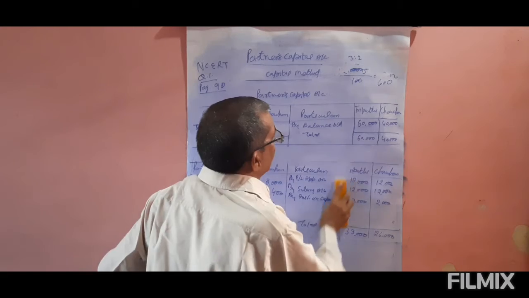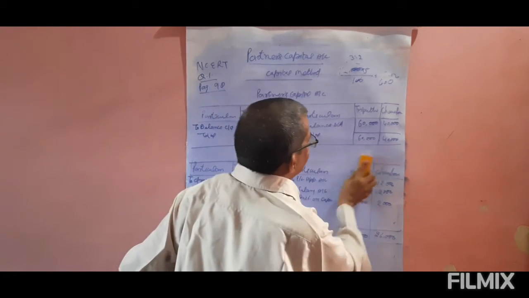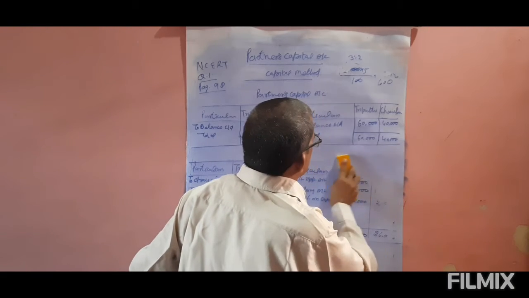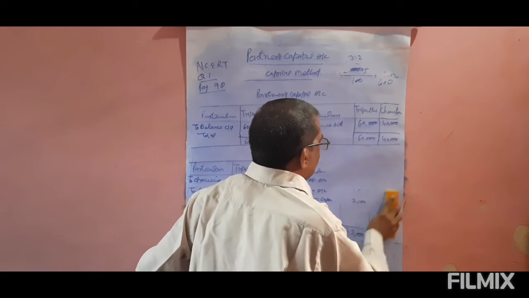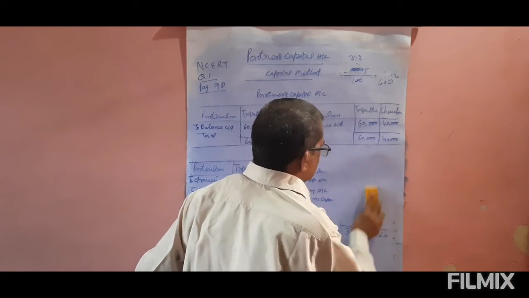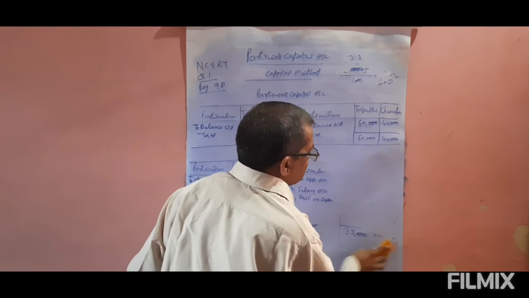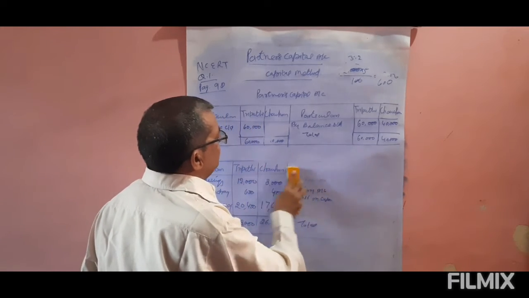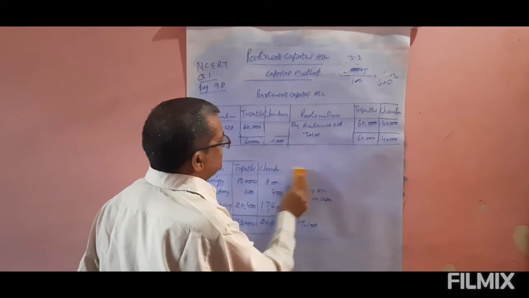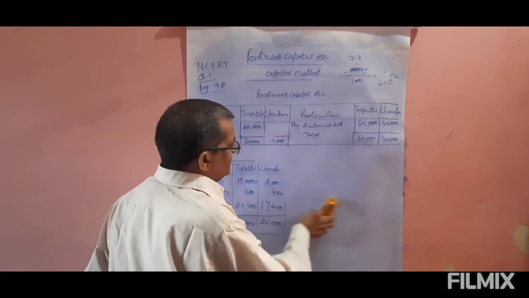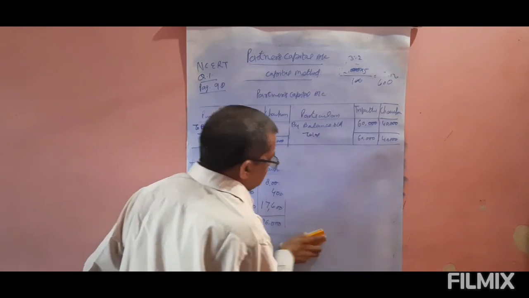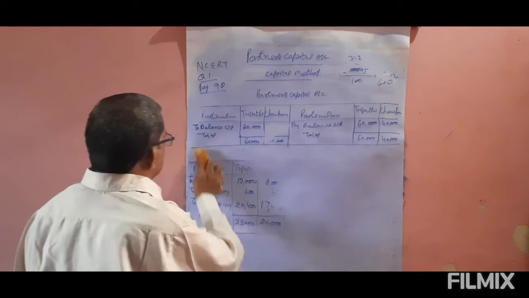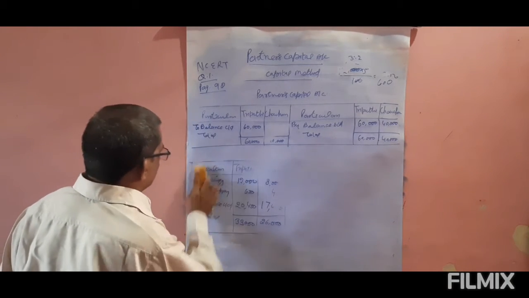All the adjustments are made in this account. All the entries are made in this account. So we have to make these entries for that. Clear?